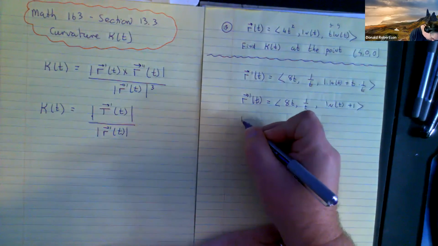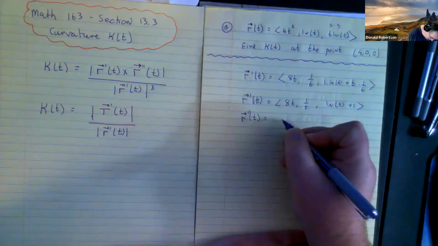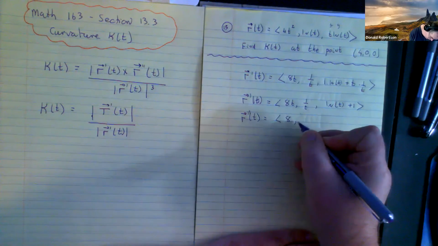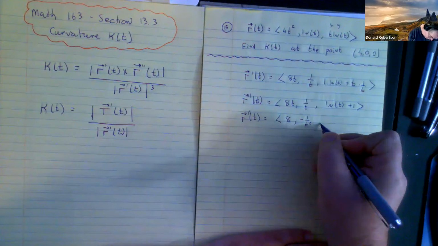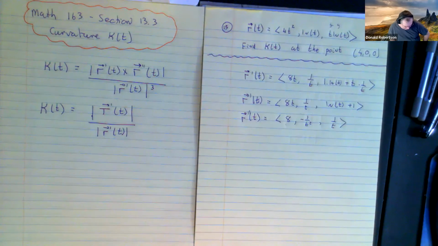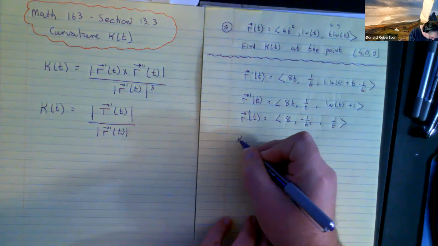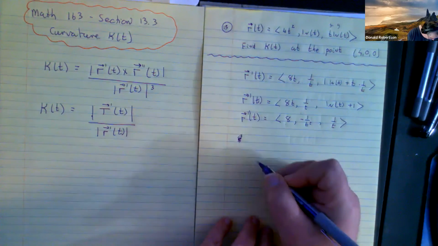Then we'll do the second derivative. And the second derivative is 8, negative 1 over t squared, and 1 over t. And what should we do?